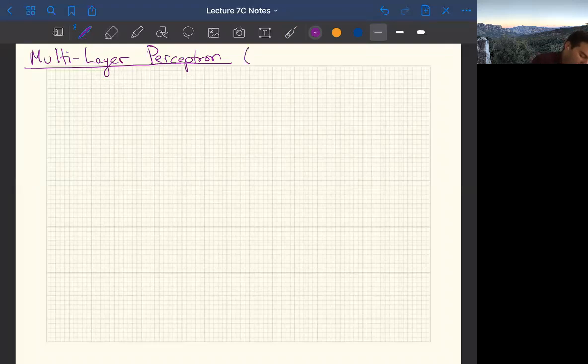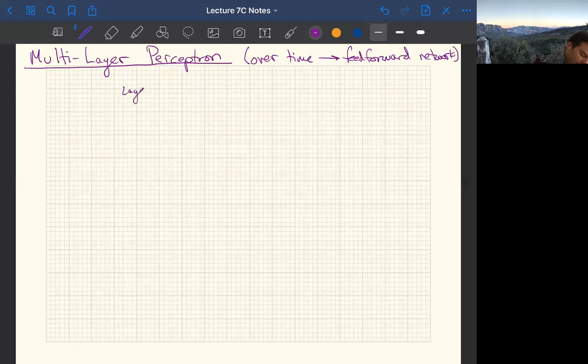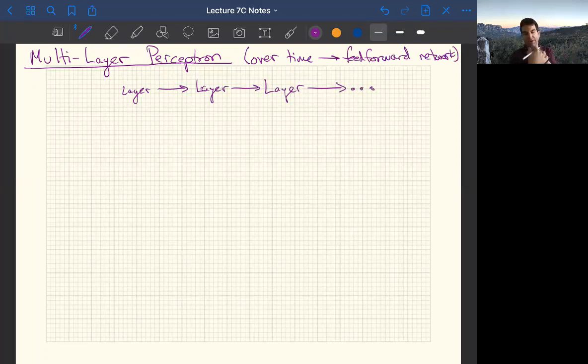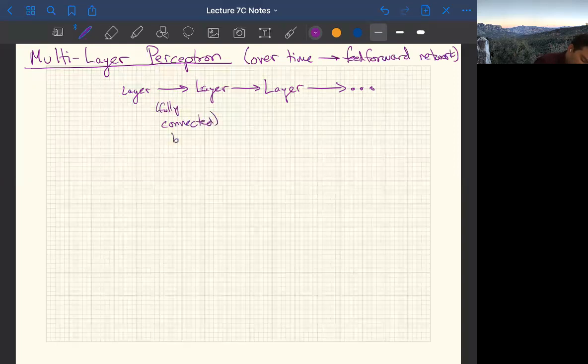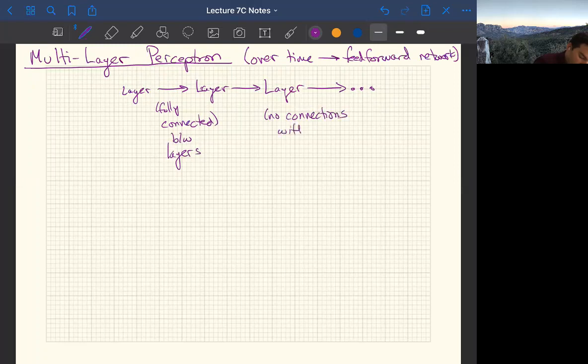Over time it has come to mean basically a feed-forward network, which has layer connected to layer, connected to layer, and so on, where there are no intra-layer connections, but you could potentially be fully connected between layers, with no connections within layers.